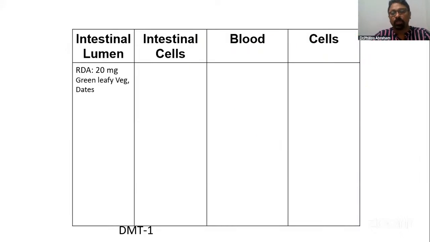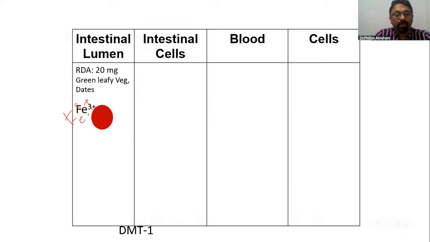In the intestinal lumen, around 20 milligrams is our RDA of iron. See, when we cut an apple and keep it, it will become brown in color, because iron becomes ferric ions. This iron is in the ferric state. Ferric cannot be absorbed.